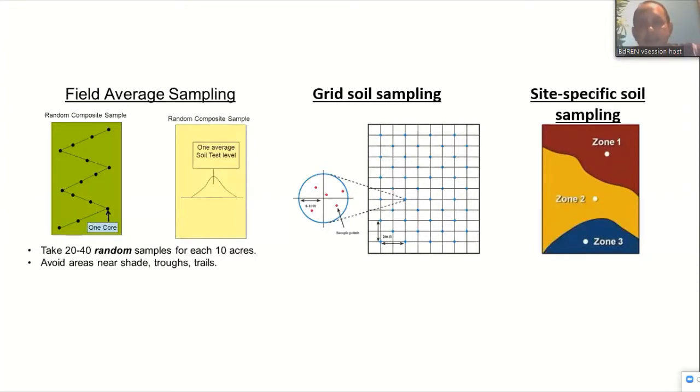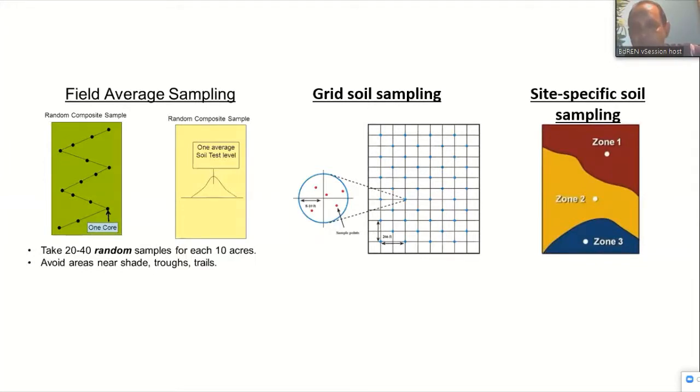And grid sampling is done like this way, after a specific interval. We have to select some spots after a specific interval, and that time we can take the sample.